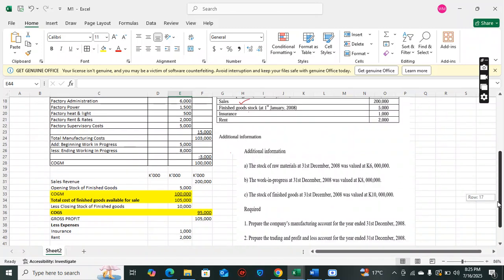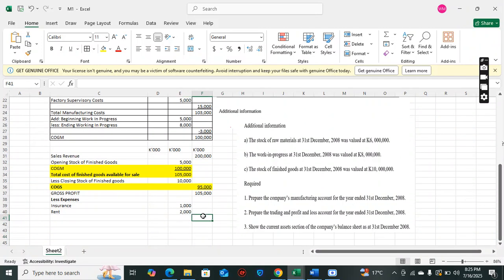Yes, so you just total them up. Maybe let me put it like this in brackets so that you know we're subtracting. I think that it will be better like that. Okay, we subtracted here.